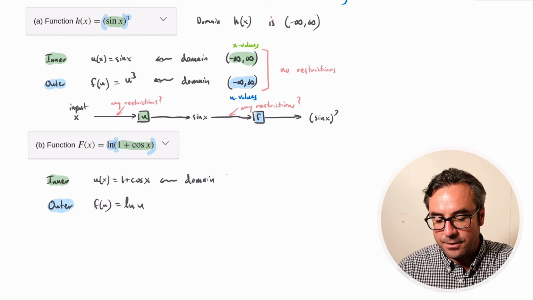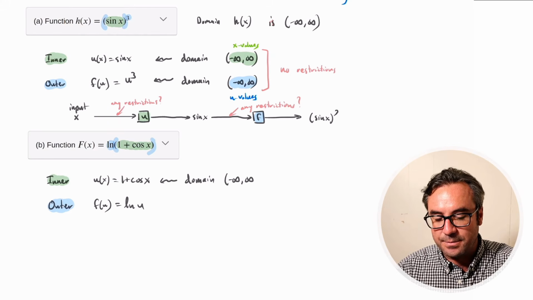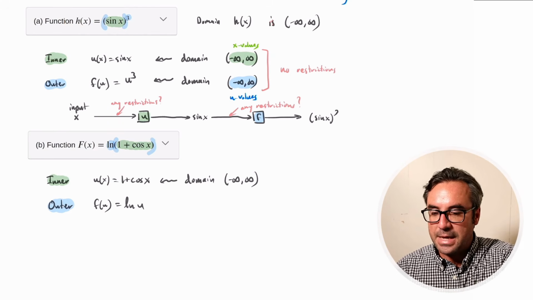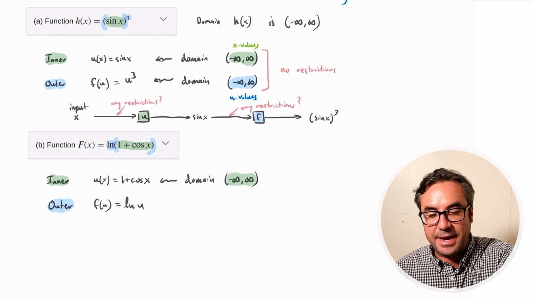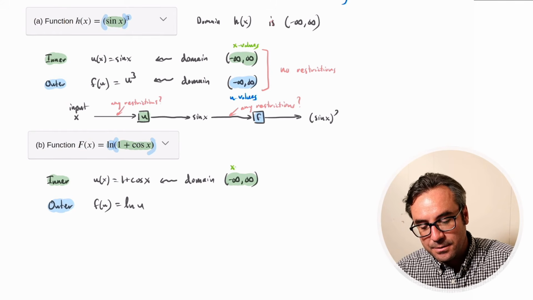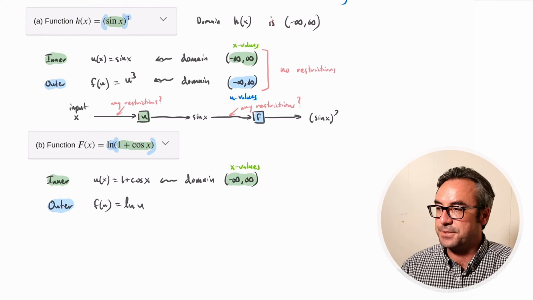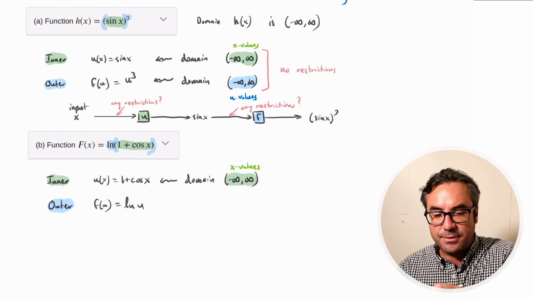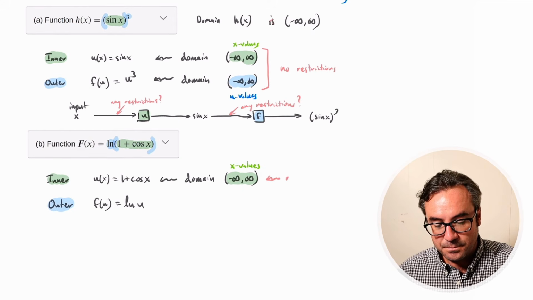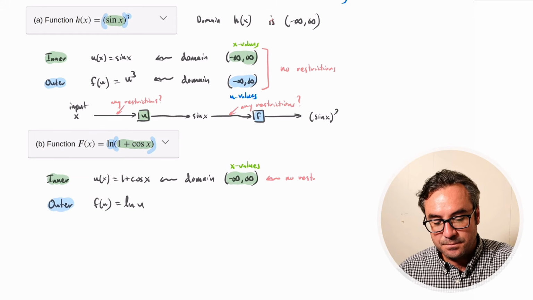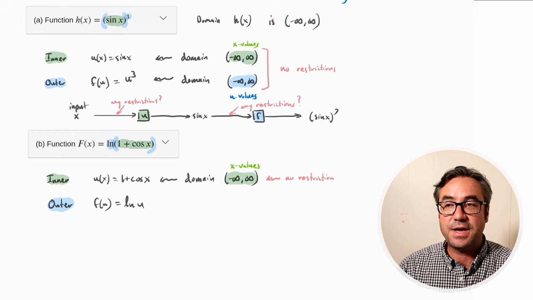So my domain for this innermost function is going to be all real numbers. And again, this is my x value universe here. When I say the intervals here, these are x values. So I don't see any restriction. Based on the inner function alone, there's no restriction on what x values I can plug in.